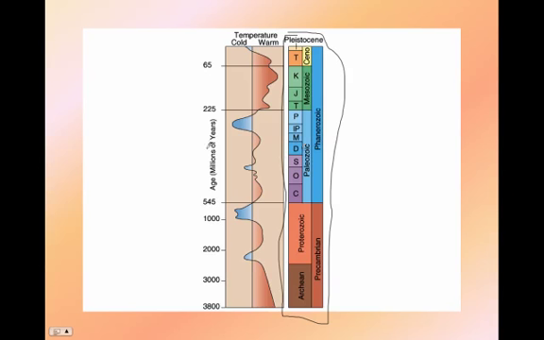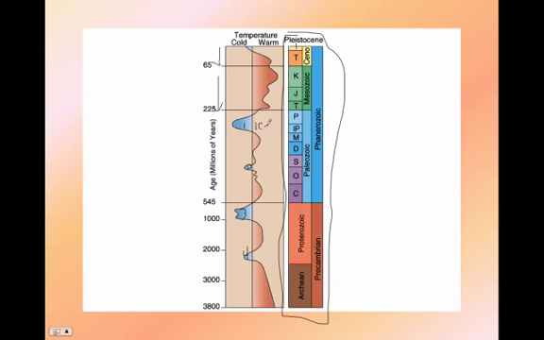And if we look at the age of the Earth, 65 million years ago, 225 million years ago, and we chart the temperature of the Earth over that time, we start to notice that there's 1, 2, 3, and 4 periods in the history of the Earth where there were what we will call cold periods, which might be deemed the ice ages.